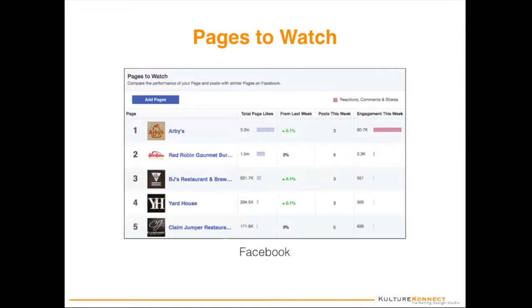Say, if a specific post for them went viral, what did they do right or wrong to be able to have that post that went viral. So this tool is really, really, really helpful because it's going to help you to really keep an eye on your competitors and make sure that, based on what they do, you also can make decisions.